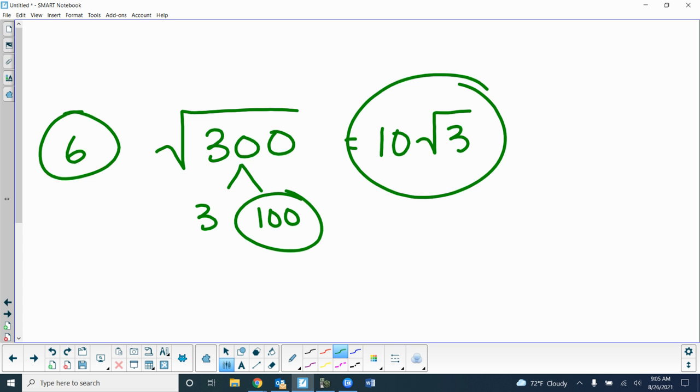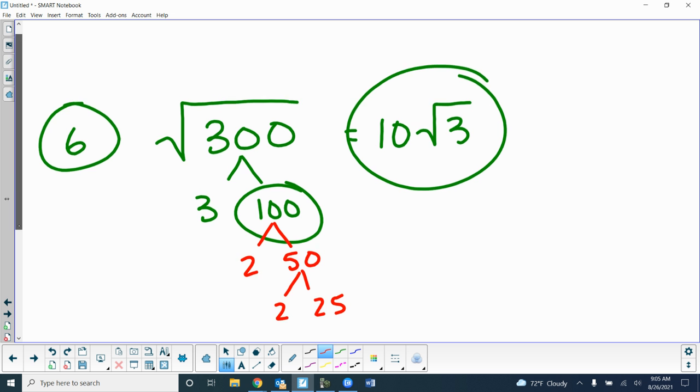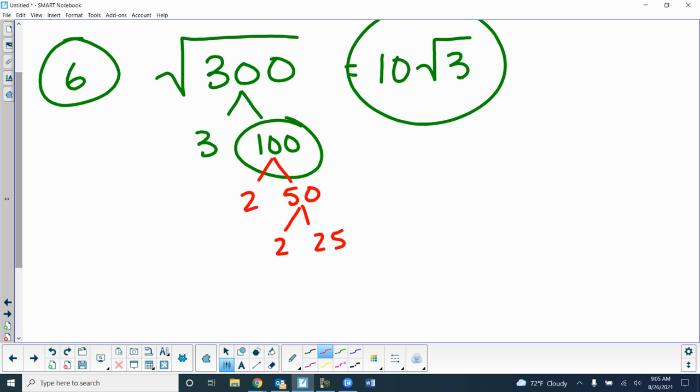Okay? If you kept going, I don't know, 2 times 50, 2 times 25. Doesn't matter how you do your factor tree, you'll still end up with the same thing. If you go all the way down in the prime factorization, you're looking for what? Anybody? Looking for groups of 2.